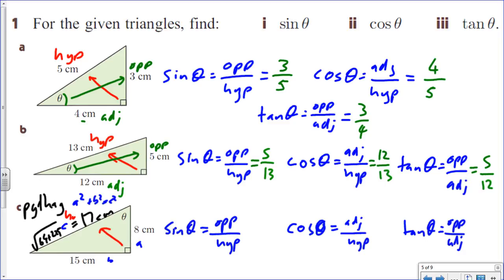So it's going to be our height. There's our marked angle here. So that there's going to be our opposite. And that's going to be our adjacent. So sine theta is going to be 15 on 17. Cos theta is going to be 8 on 17. And tan theta is going to be 15 over 8.